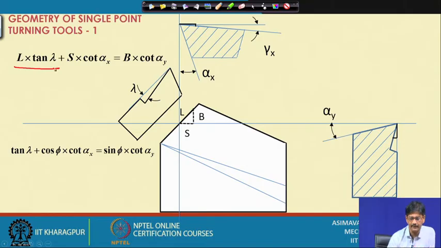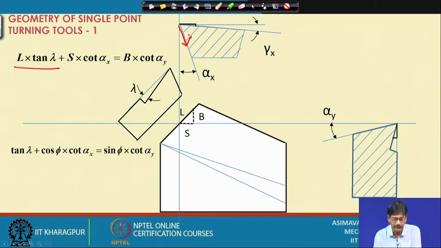This is the vertical distance I cover on the cutting edge. After that, suppose I start moving down the flank now. In what way? I am moving down the flank in the transverse plane.